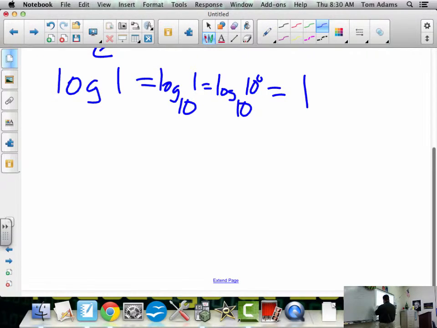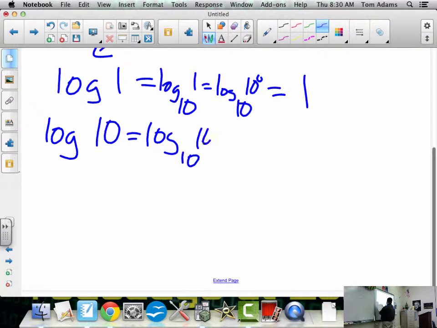Let's do another one. If I say log 10, well, you should think log base 10 of 10, right? But that's really 10 to the first power, right?